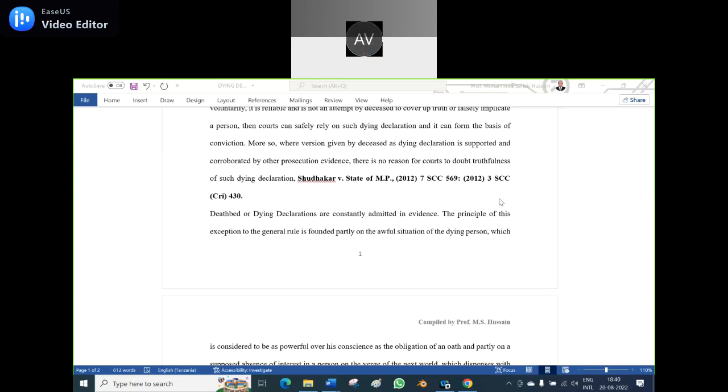This case law has come out. Please post it in the group so that we can know it. So that means for a dying declaration, the first one has more priority than the second one. But when it comes to the matter of a will, the second will has more priority than the first will.